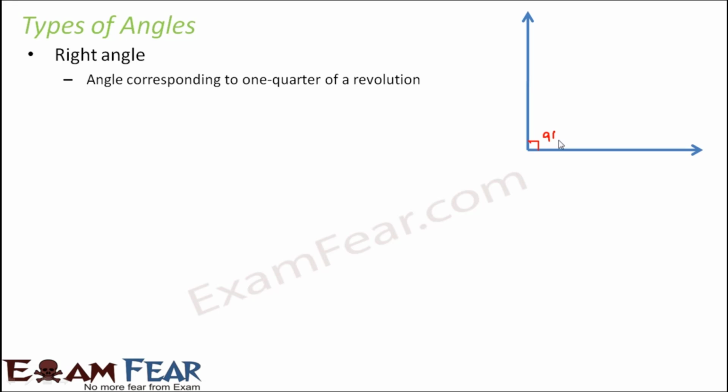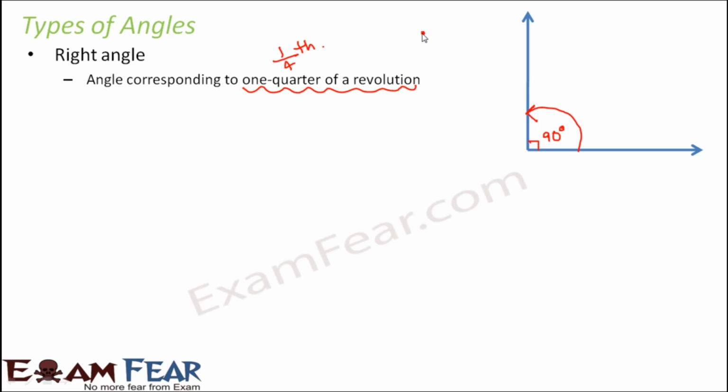Now there is another way of defining a right angle. It is that angle which corresponds to 1/4 of a revolution. That means you rotate a ray only by 1/4 of a revolution. So not one complete rotation, just one part out of the 4 parts of one revolution.